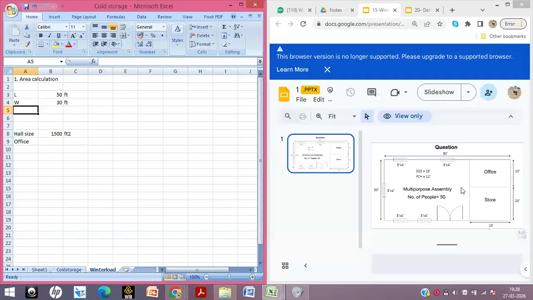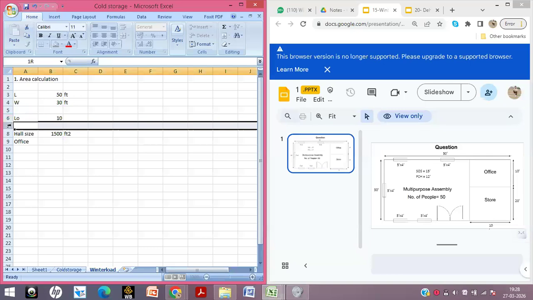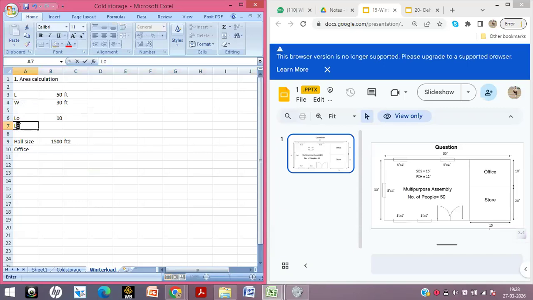So the office area will be: office length is 10 and width is 10 feet, and height here is given as 10 feet. Let's consider LO, which is the length of office, and then the length of store.